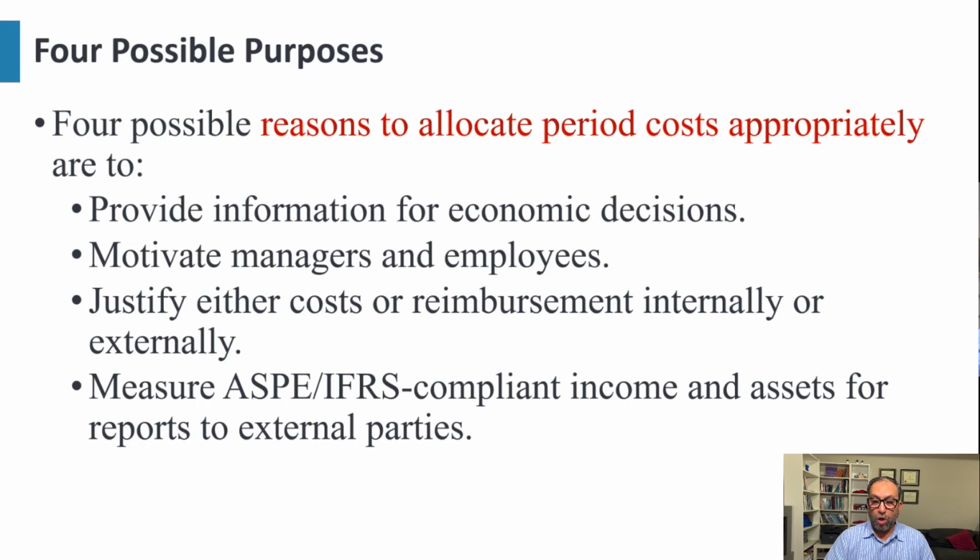So if the cost is not properly allocated, there is a possibility that they will say, for this reason my product's or my division's profit is less compared to the other one, because the period costs are not allocated effectively. So we have to be careful, and that is going to give us the motivation to justify costs or reimbursement internally or externally.